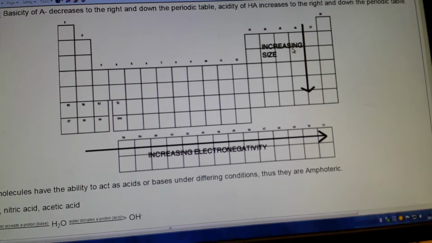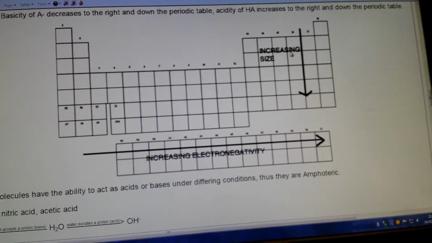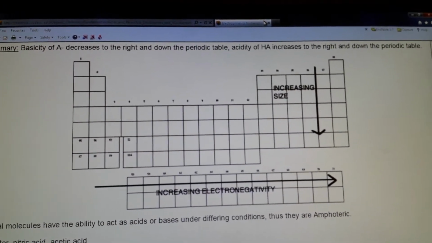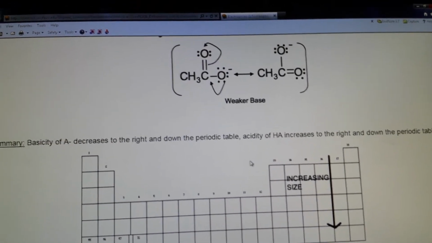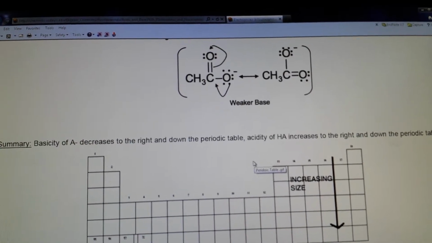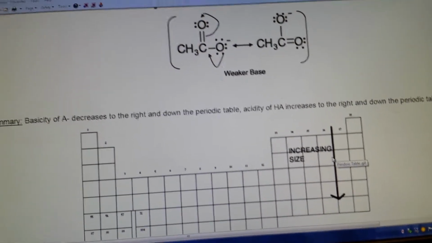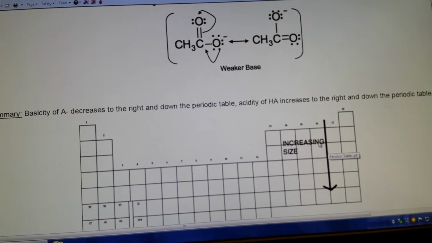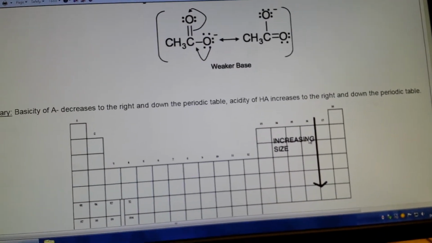Atoms that are more electronegative, attached to the protons, give them up easily because of the polarity.